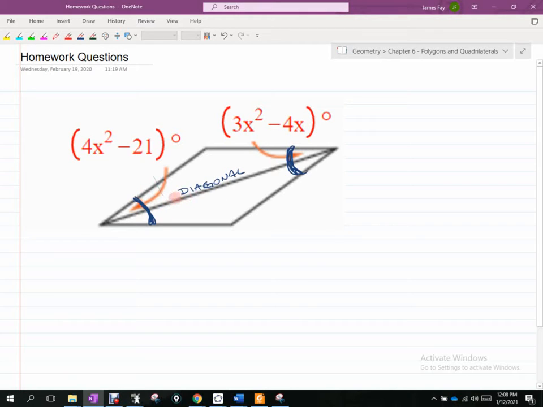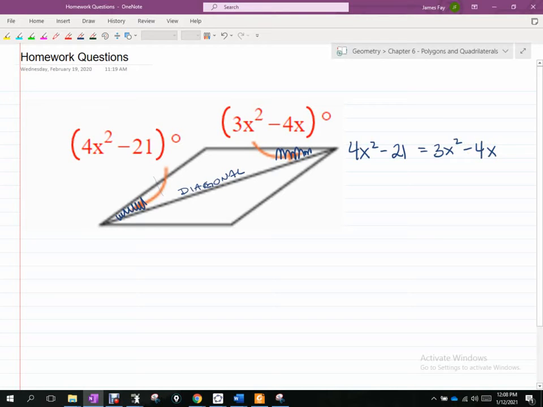And if this diagonal is an angle bisector, doesn't that tell us then that this angle here and that angle there have to be the same? Okay, so I'm going to take 4x squared minus 21 and set it equal to 3x squared minus 4x.